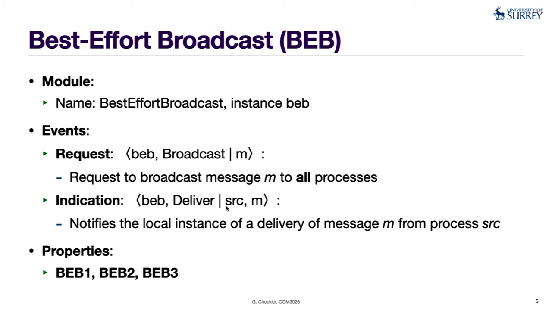Deliver has two attributes. One is the message being delivered, and the other one is the source process for this message. The source means that it is the sender of M.